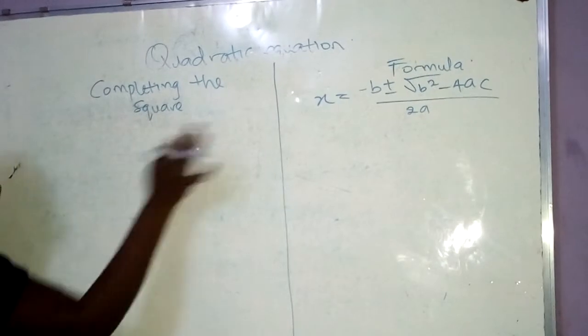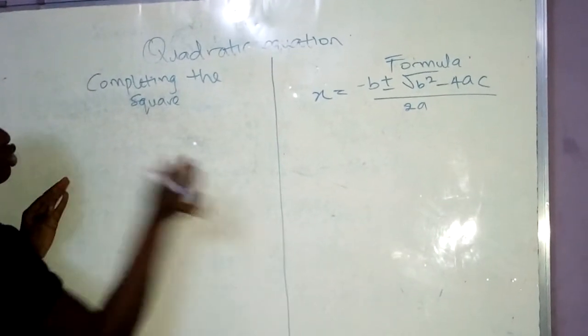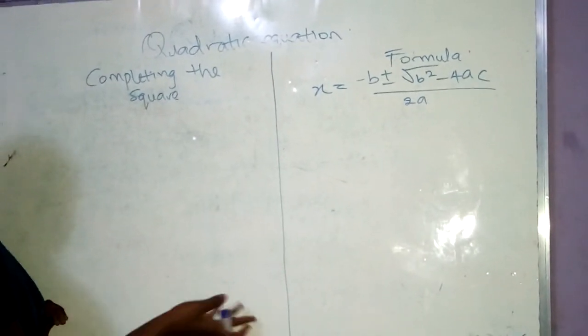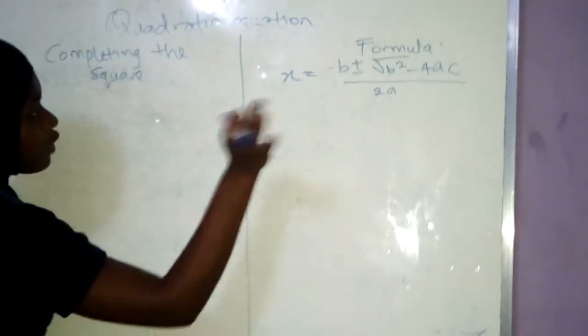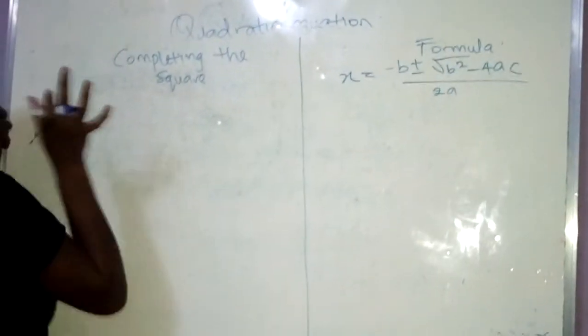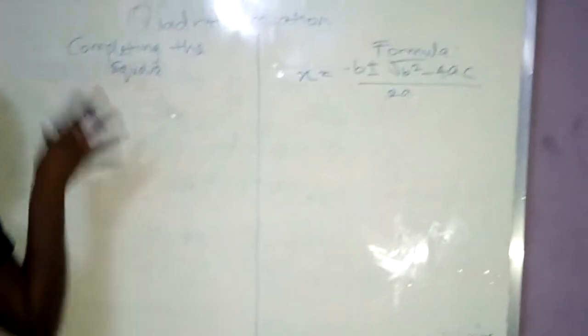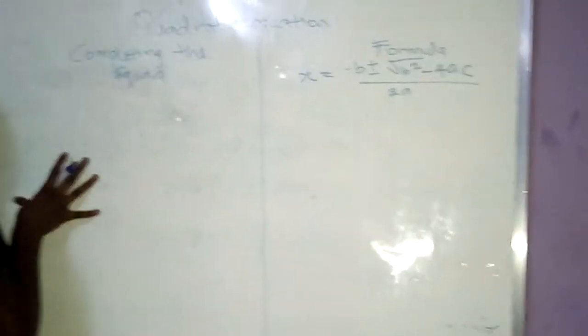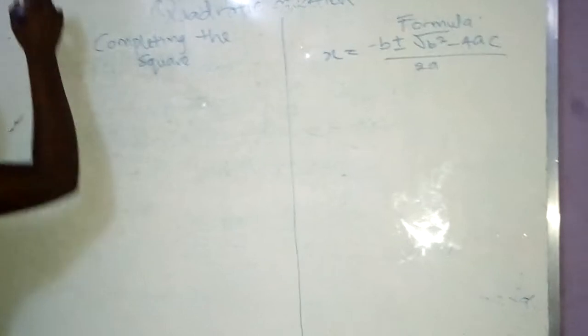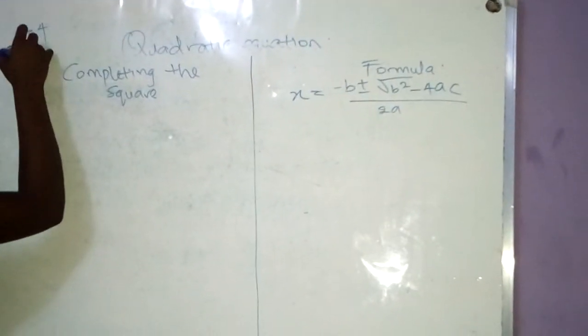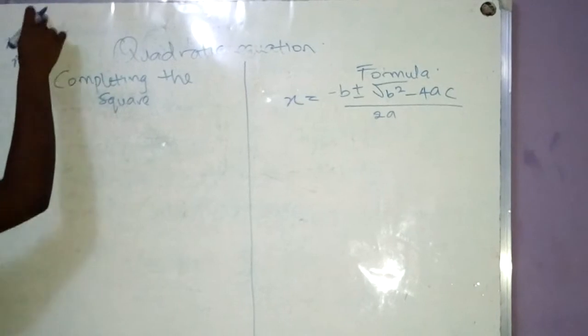We'll compare the answers to see whether they are correct, so that I'll prove to you that this formula method is correct, and the completing the square method too. You still get the same answer, and factorization still gets the same answer. You should remember the answer we got for factorization was x equals 4 and x equals minus 3, something like that.